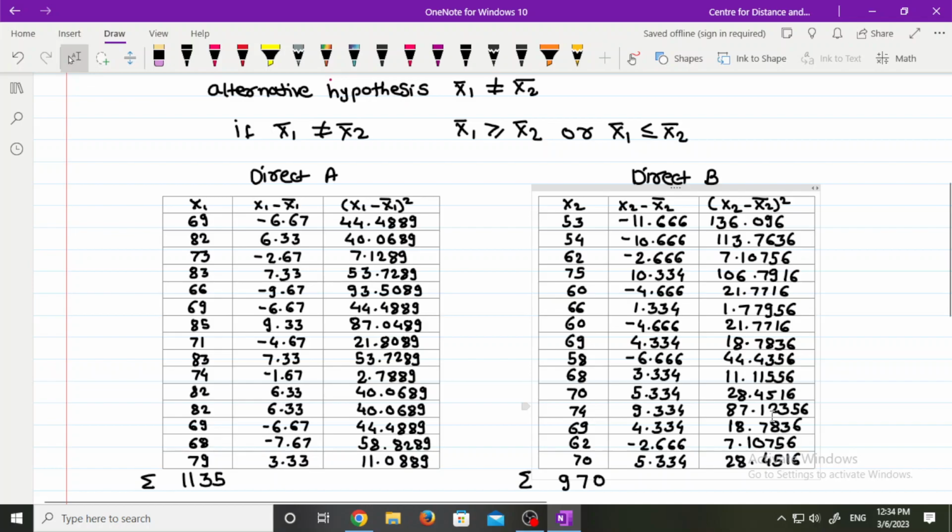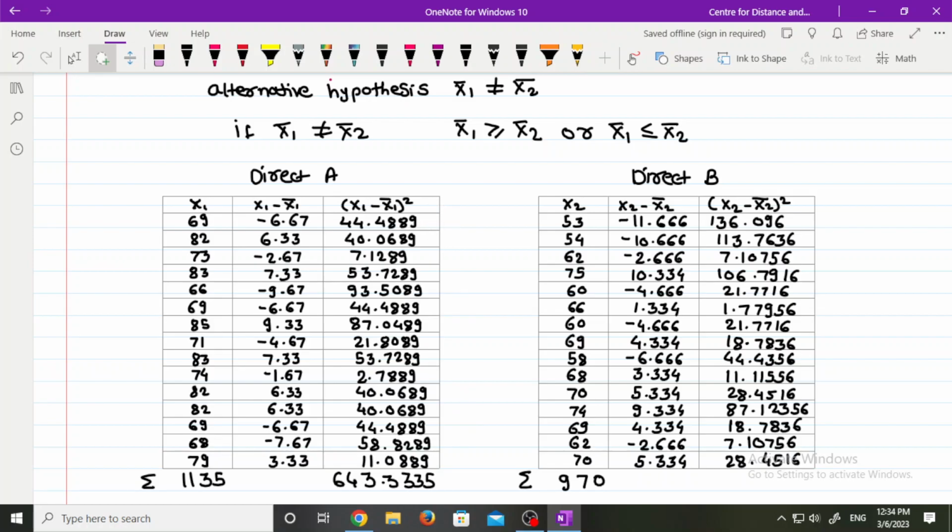Then we have to find the summation of x1 minus x1 bar squared, and the sum is 643.3335.